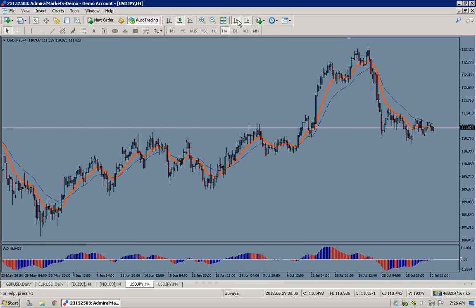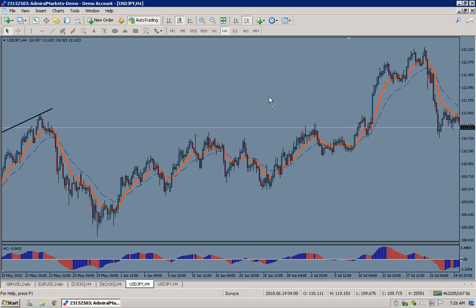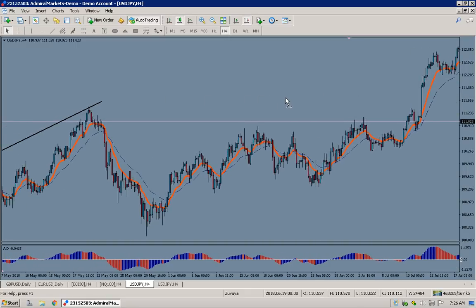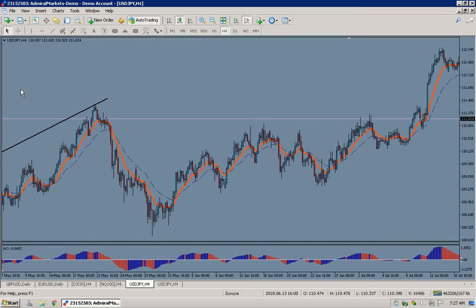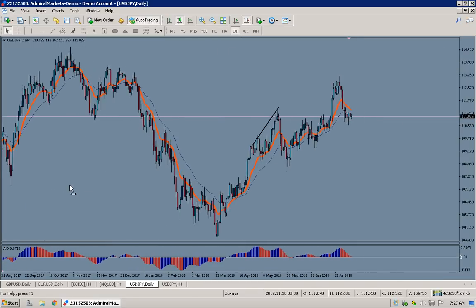On the 4-hour chart, you're getting these crosses back down all the time, which indicates you're still within a correction, because price is not really creating a proper mountain chain like it did before.